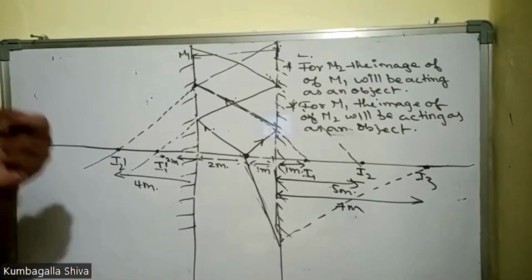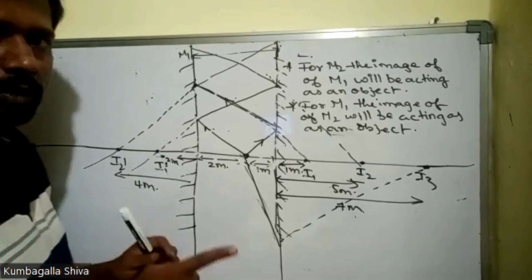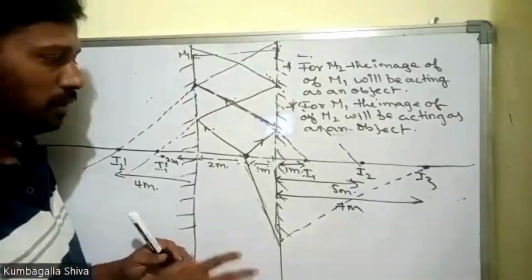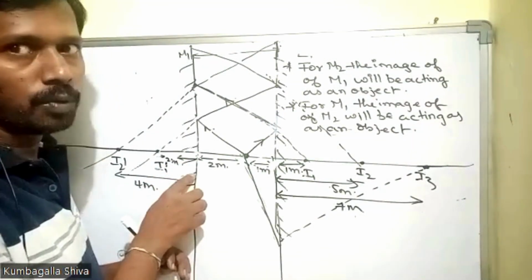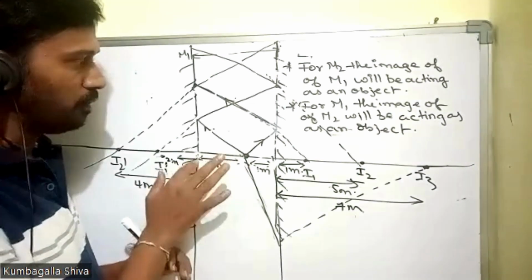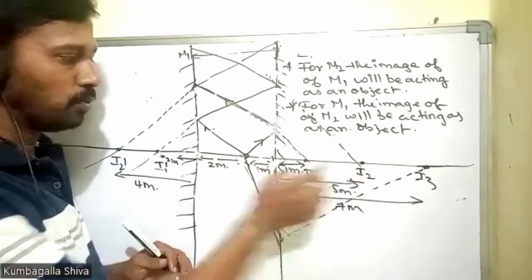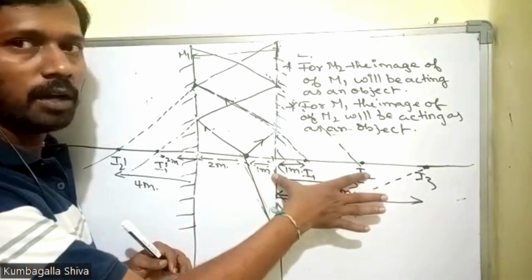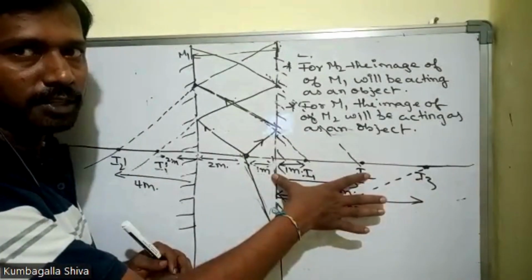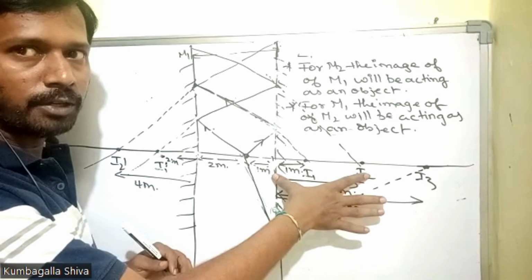When I come to the side of M1, I look at the distance of I2, so here the distance is 3 plus 5. How much? It is 8. Did you get my point?